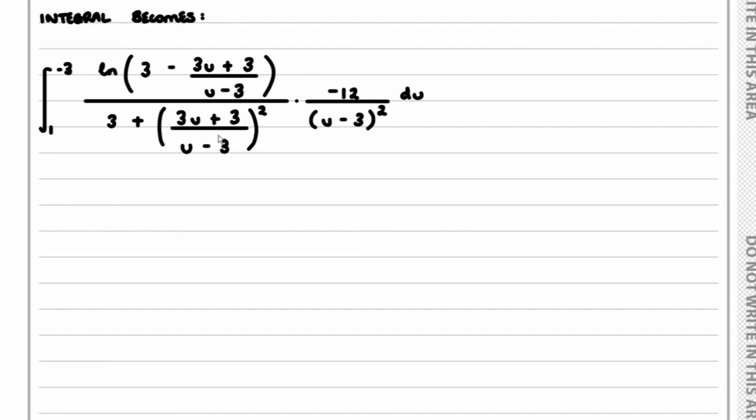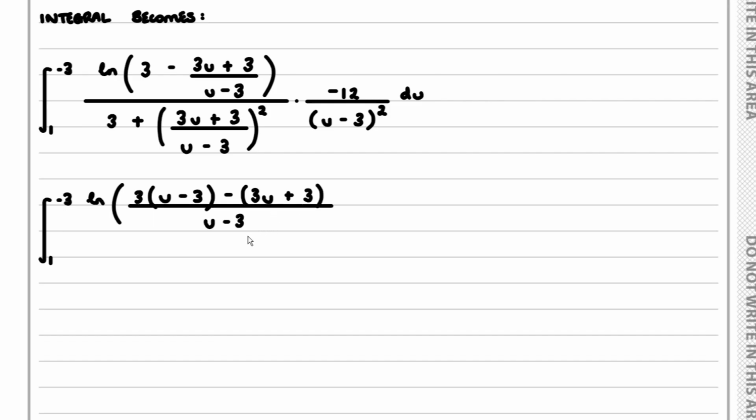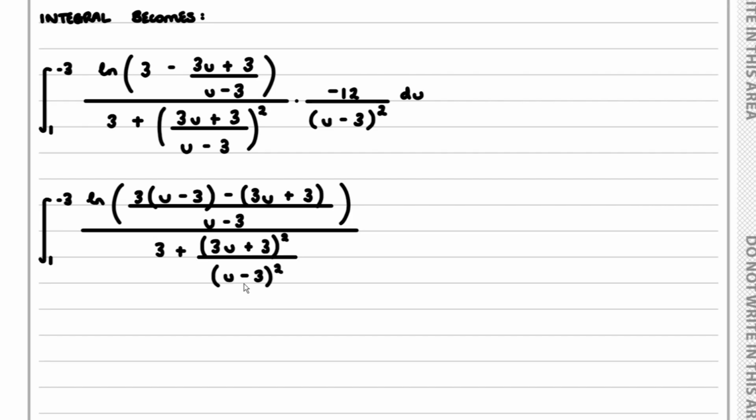Now we can rewrite this natural log. If we put this over a common denominator of u subtract 3, we've got (3 times (u subtract 3), subtract (3u plus 3)) over (u subtract 3). And we can rewrite the denominator as (3 plus (3u plus 3) squared) over (u subtract 3) squared. And we multiply this by negative 12 over (u subtract 3) squared du. So let's simplify.